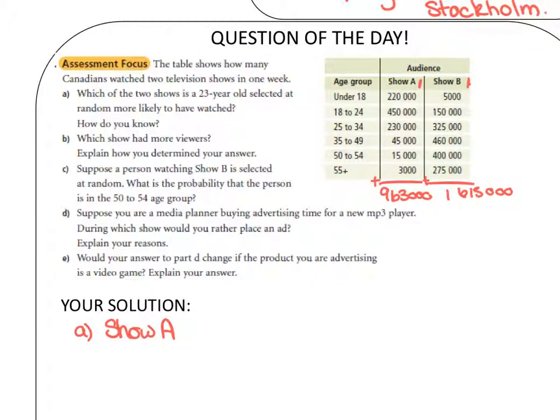Okay, so I added them all up. For show A, I got 9,963,000, and for show B, I got 1,615,000. So for question B, which show had more viewers? Show B had way more viewers.